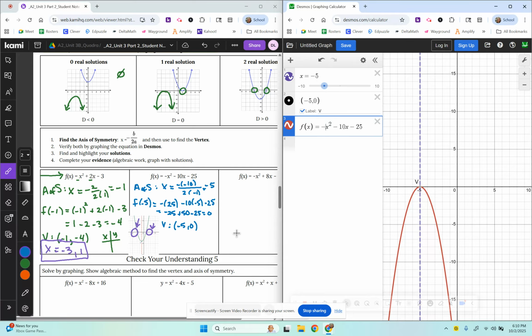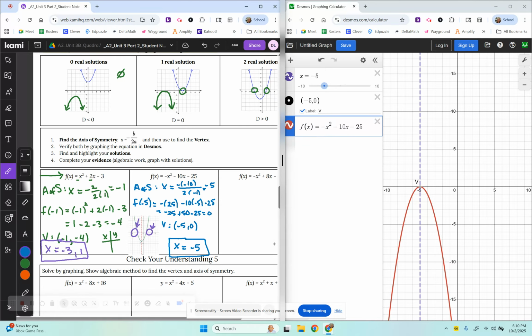That tells me that my solution is going to be right here at -5. Then again, take a screenshot and submit it over here, and my solution is going to be -5. I'm running out of room right here, so I am going to leave the screenshot on the right hand side of the video for you guys.